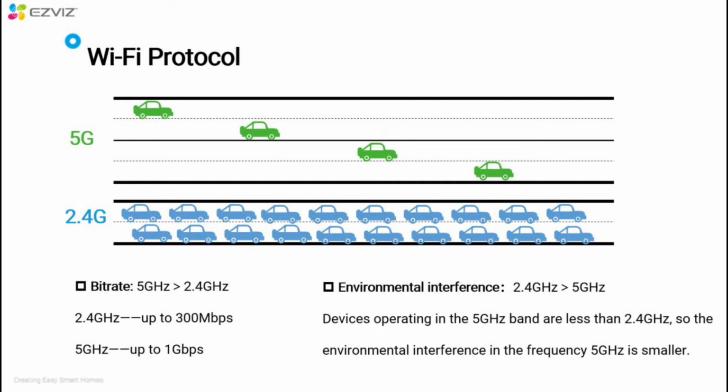So we can see that the 5 GHz bitrate is larger than the 2.4 GHz. And about the environmental interference, the 5 GHz is better than the 2.4 GHz because there are fewer devices operating in the 5 GHz band. So the environmental interference on the 5 GHz is smaller.